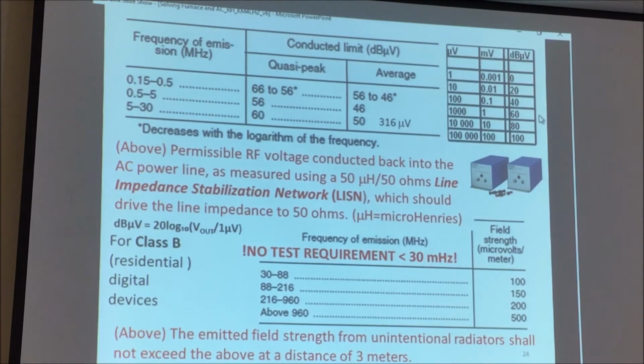The second table shows the test requirements for radiated emissions. And to me, the rather curious thing about it is there is no requirement to test equipment for radio emissions below 30 megahertz.